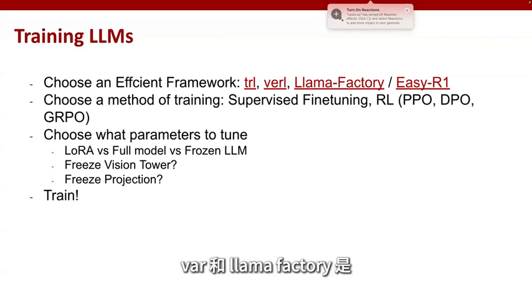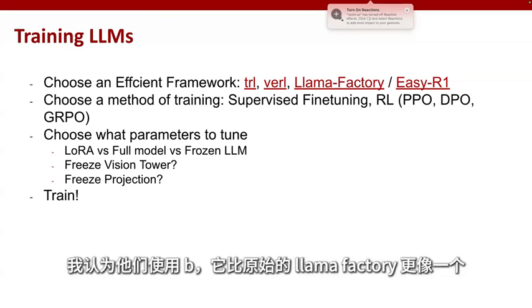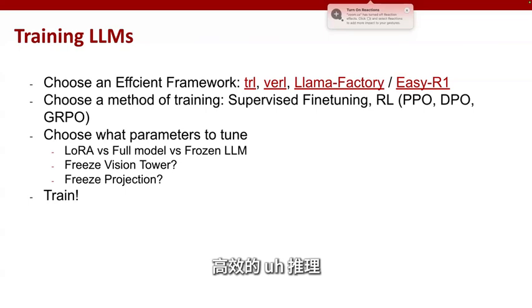The VeRL and the Llama Factory are the ones we use in our research. And the EasyR1 one is a recent repo that's introduced by the same group as the Llama Factory. I think they use vLLM, which is a much more efficient inference framework than the original Llama Factory.